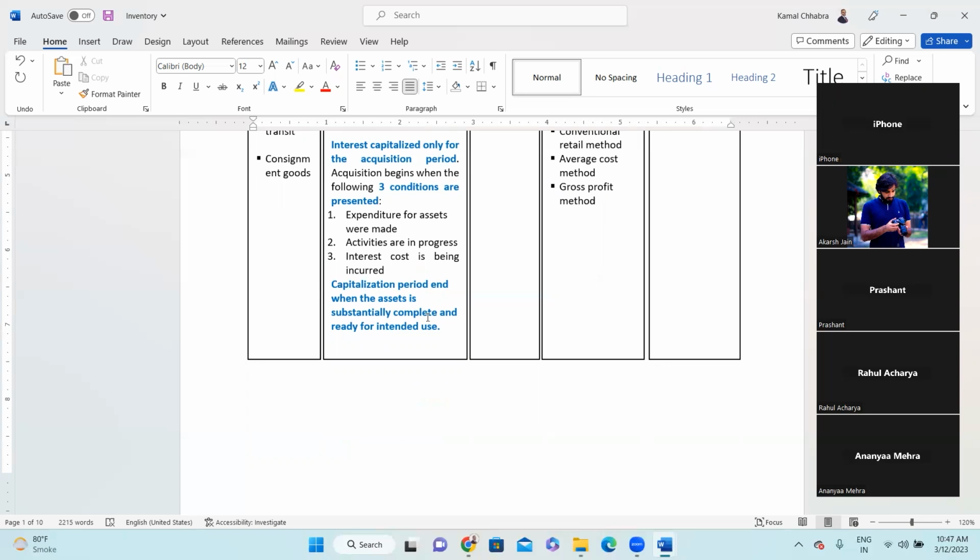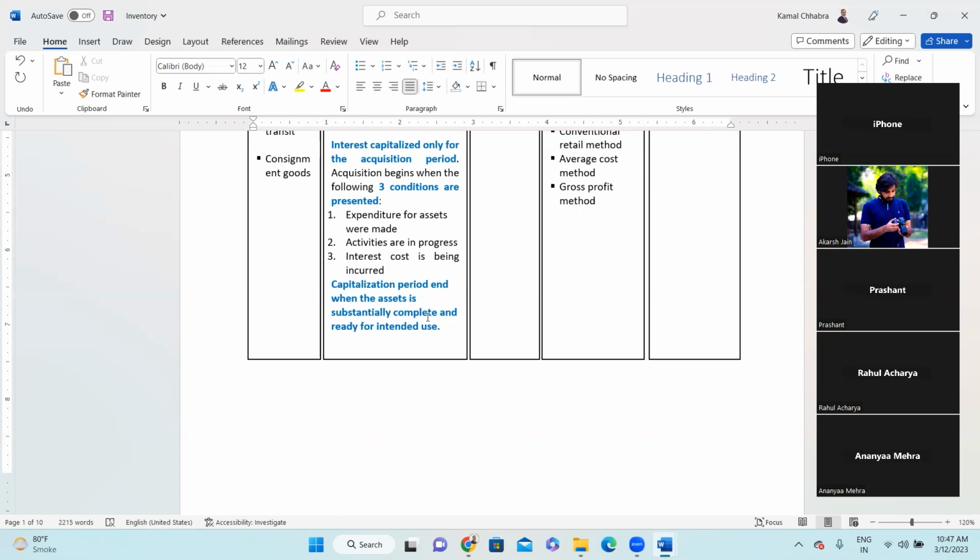So like we discussed in an example, you have purchased a piece of land for $1 million, and to construct the apartment on that, you require $2 million, which you have taken as a loan from the bank. That means the first condition is satisfied, that the expenditure you are making is on building that inventory.